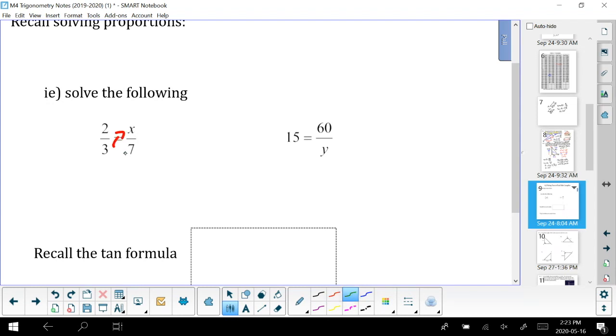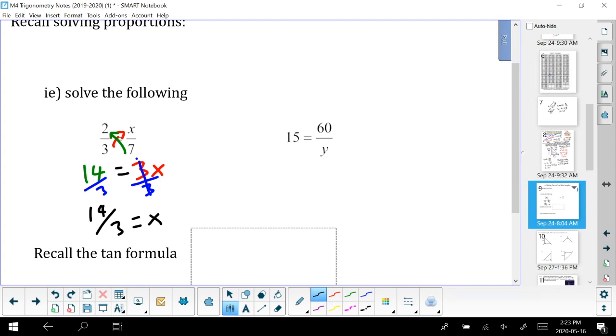And then we're going to take the 7 down here and cross multiply it with the 2. So we'll have 14 is equal to 3x. We're going to divide both sides by 3. And we end up with 14 over 3 is equal to x.